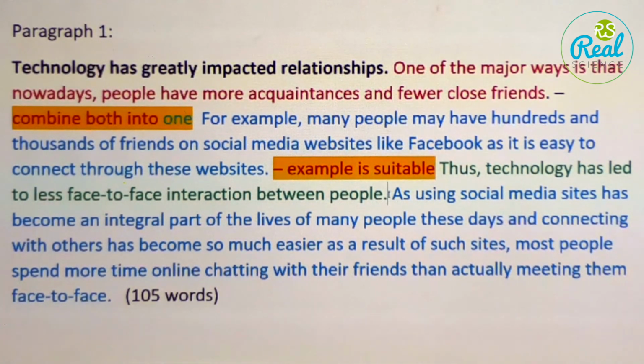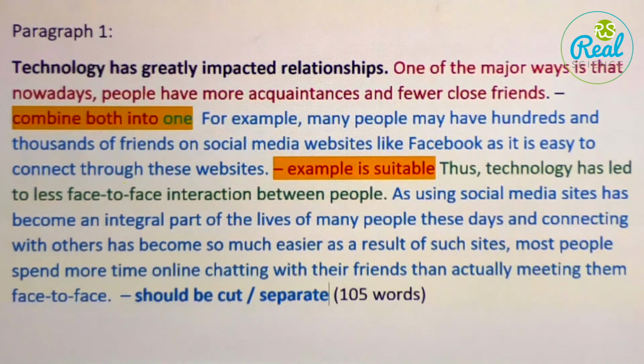Okay, next one is: using social media sites has become an integral part of the lives of many people these days, and connecting with others has become so much easier as a result of such sites. Most people spend more time online chatting with their friends than actually meeting them face to face. Actually, the sentence can be separated into two sentences. The second one could be a supporting sentence. No, a result.